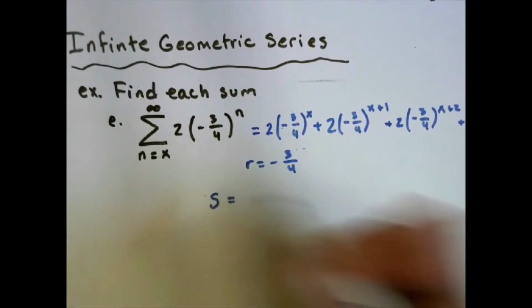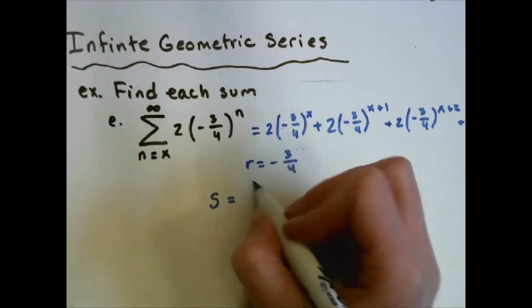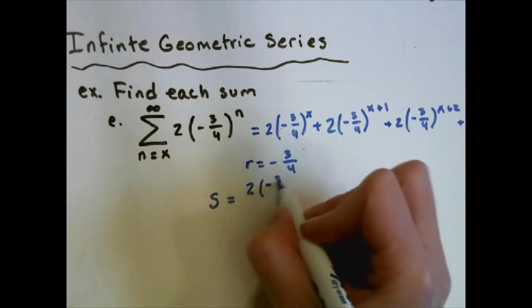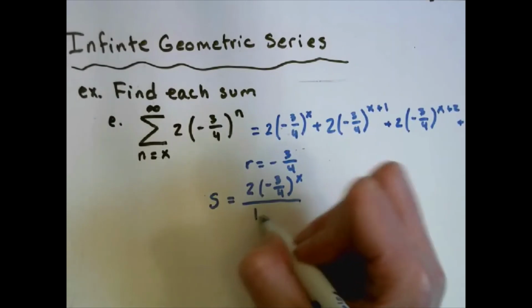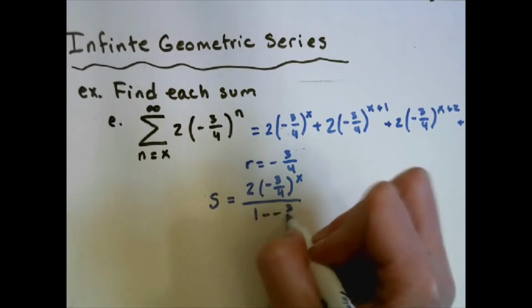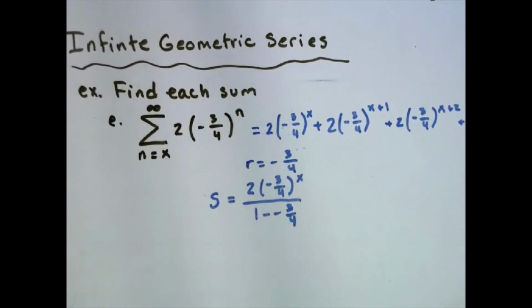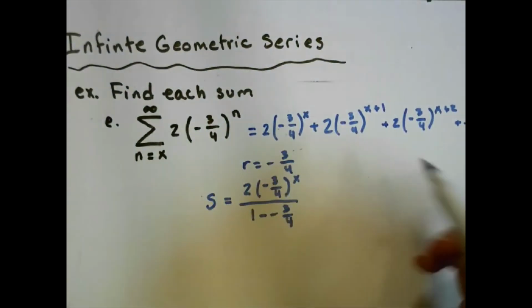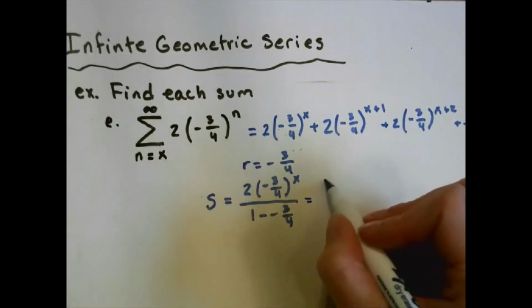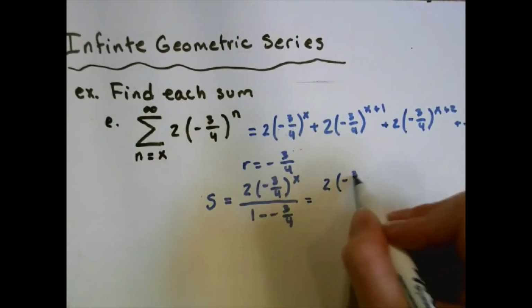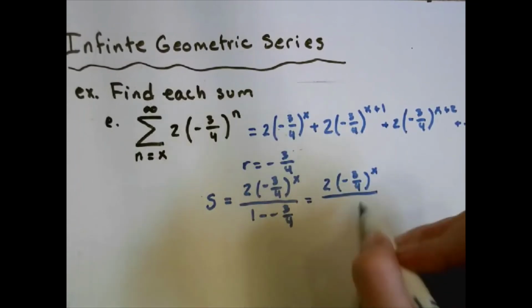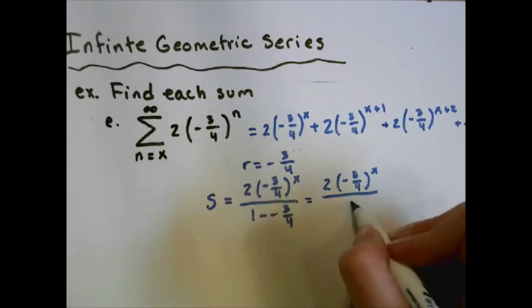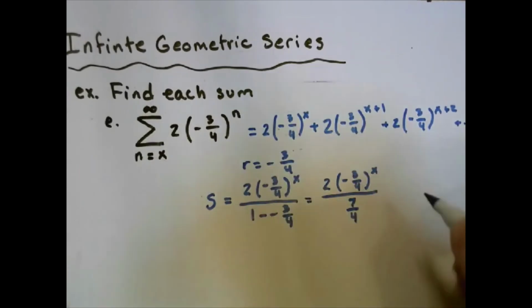So my sum is going to equal a1, so this guy here, over 1 minus negative 3/4. You could leave it like this. I'm going to simplify it a little bit. So this is going to be 2 times negative 3/4 to the x over, this will be 4/4 plus 3/4 is 7/4.